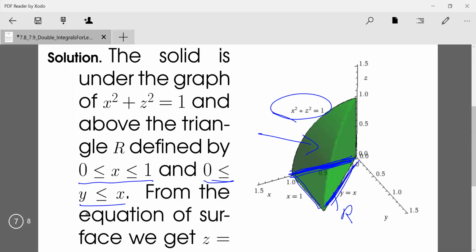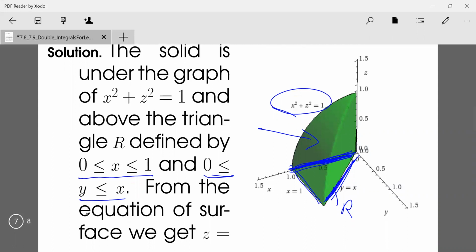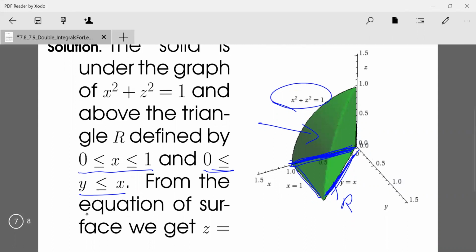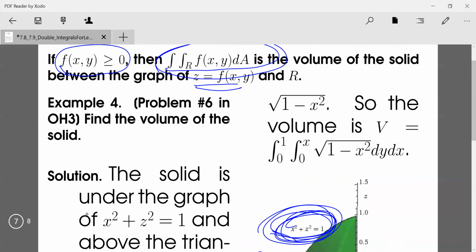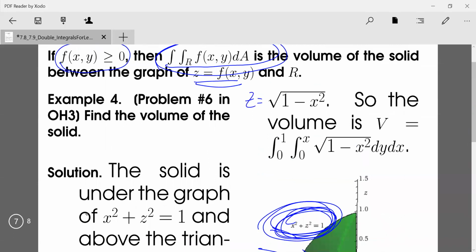Now to fit the formula, we're going to rewrite the equation of this surface as the graph of a function. So we solve for z from this, and what we get is z equal to root of 1 minus x squared.